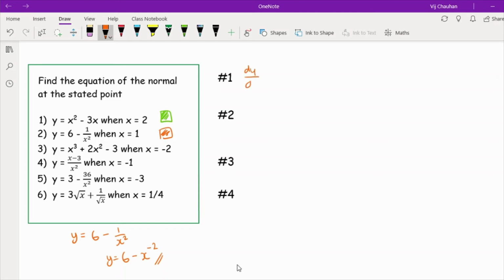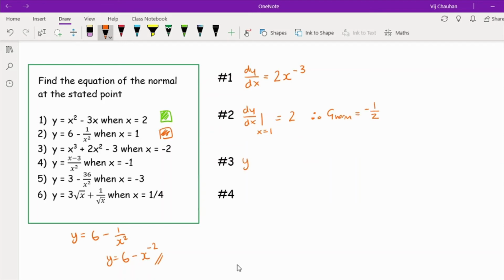So this is the form I'm going to differentiate the original curve by. I've got dy/dx equals, now the 6 is going to disappear, the minus 2 moves to the front, then becomes positive 2 because there's already a minus there, so it becomes 2x to the minus 3. Then substituting my x ordinate, which in this case is 1, into dy/dx should give me a value of 2, meaning that the gradient of the normal is going to be minus a half.